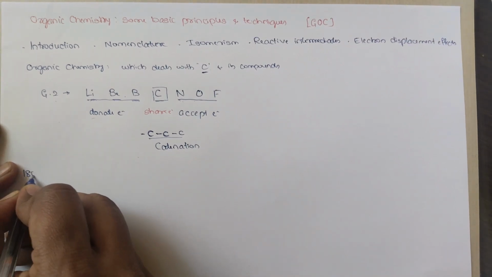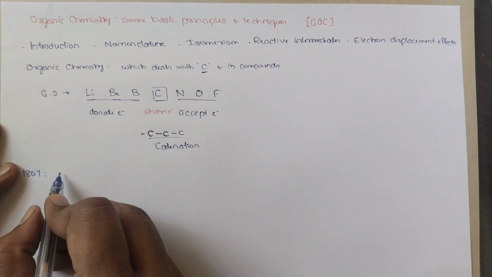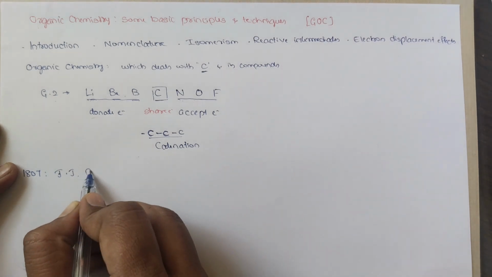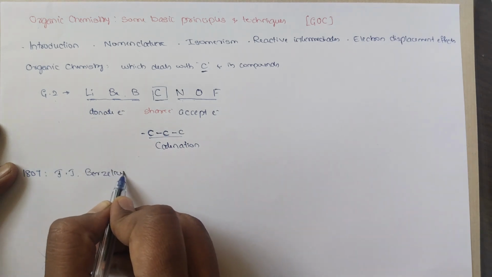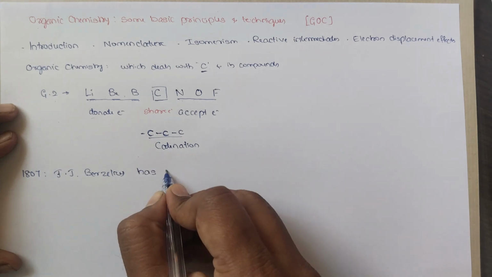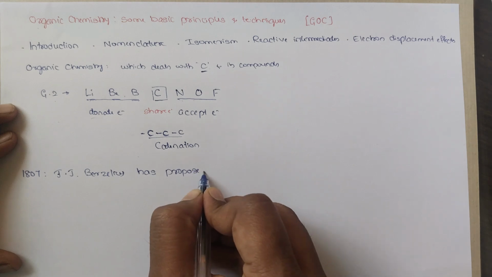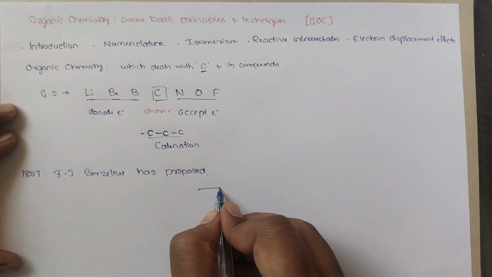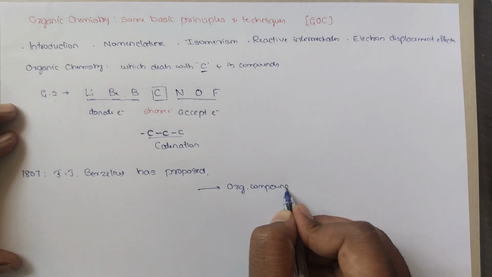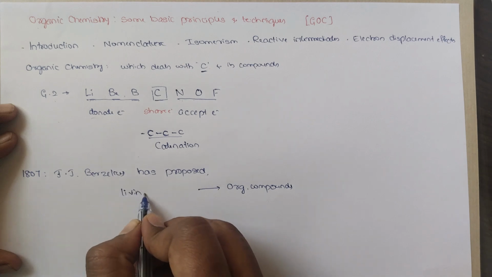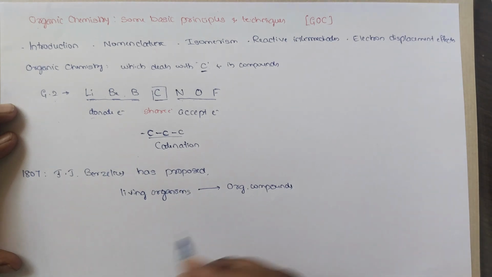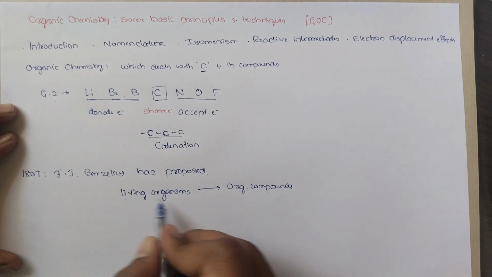In the year 1807, Berzelius proposed that we can get organic compounds only from living organisms.